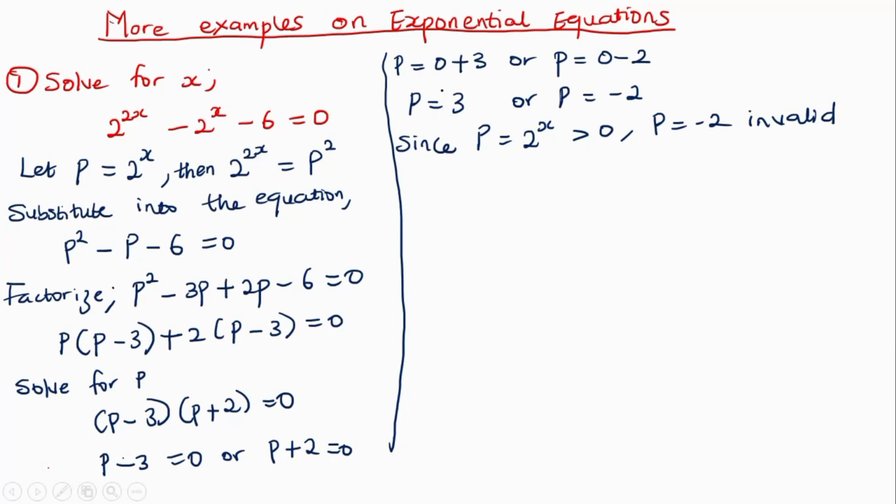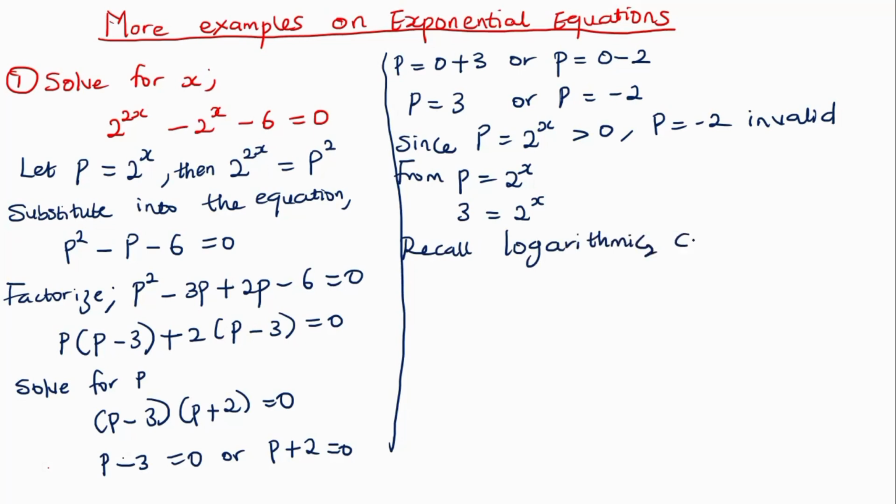Now working with p equals 3, we can easily say from p equals 2^x, and we already know that p is equal to 3, so we have 3 is equal to 2^x. Now to solve for x, you want to recall the logarithmic conversion that I gave earlier in my previous video.